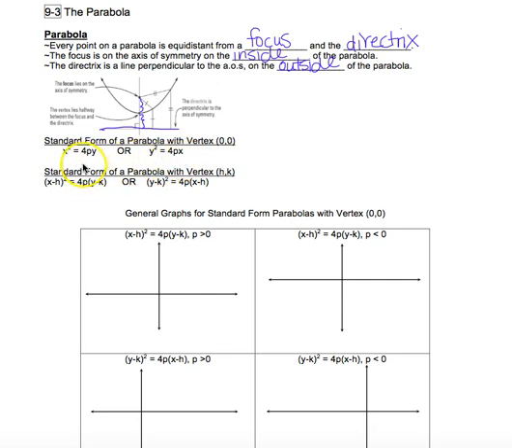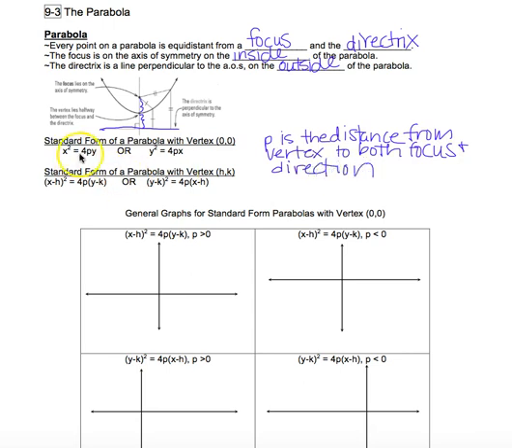This 4p we're going to talk about as we get into the graphs, but p specifically is the distance from the vertex to both the focus and the directrix.